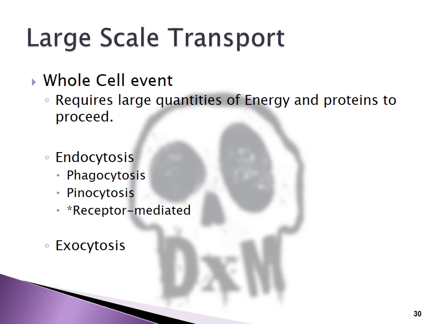Now we're going to take this on a whole different scale. So far, we've been talking about just little pieces of the membrane doing this, but in reality, the entire cell ends up performing these tasks. The key feature here is to understand that the whole cell can do this, the entire body. So this is referred to as large-scale transport. And that will come into play in cool new names called endocytosis and exocytosis.